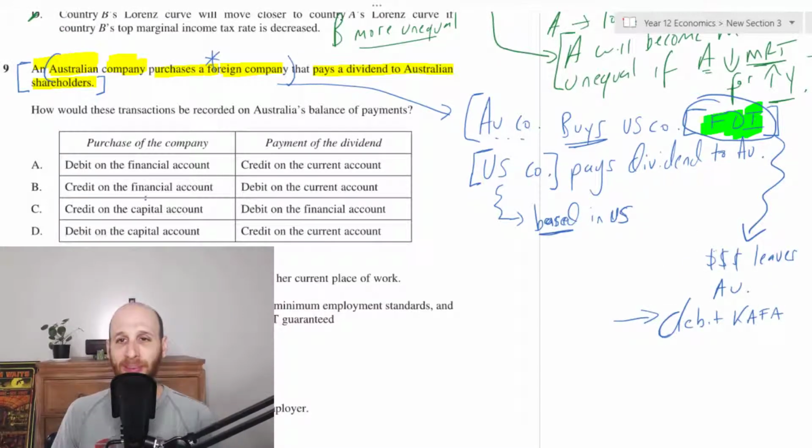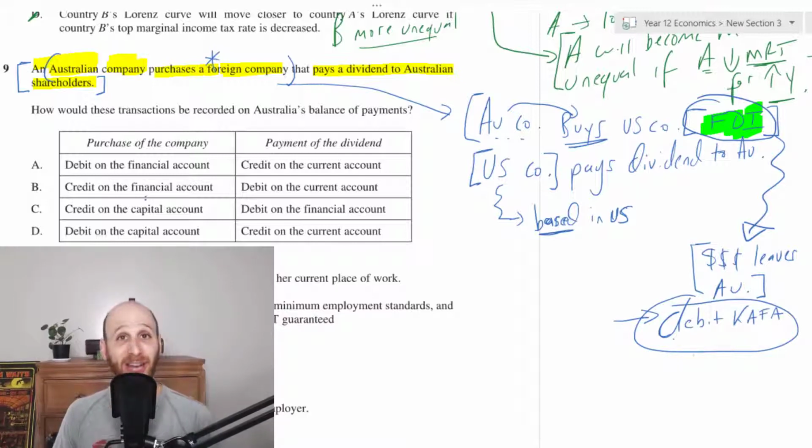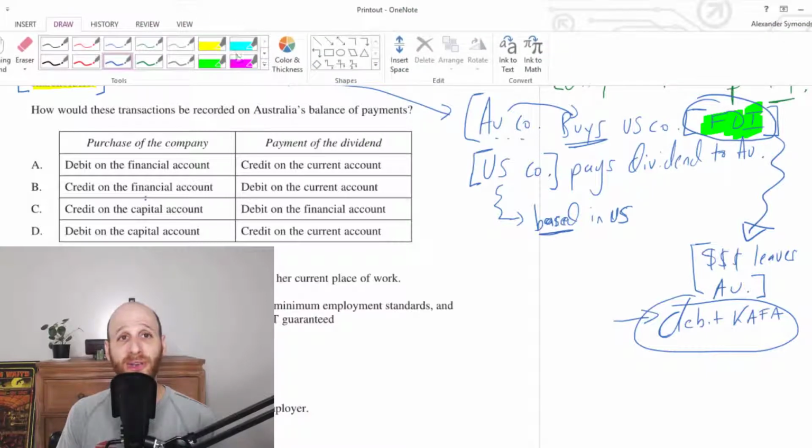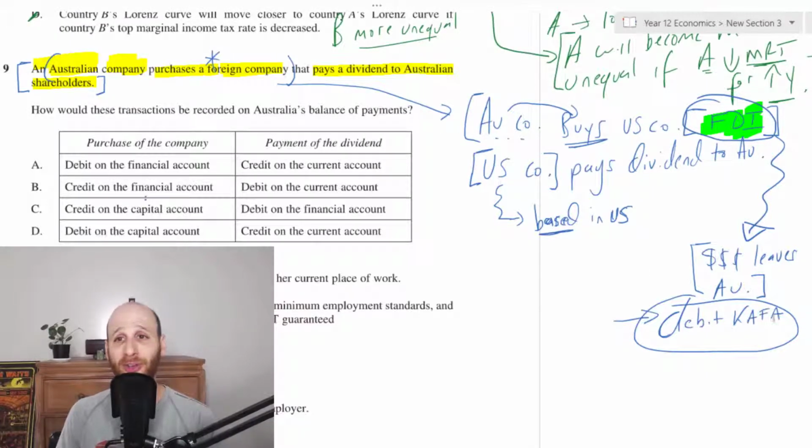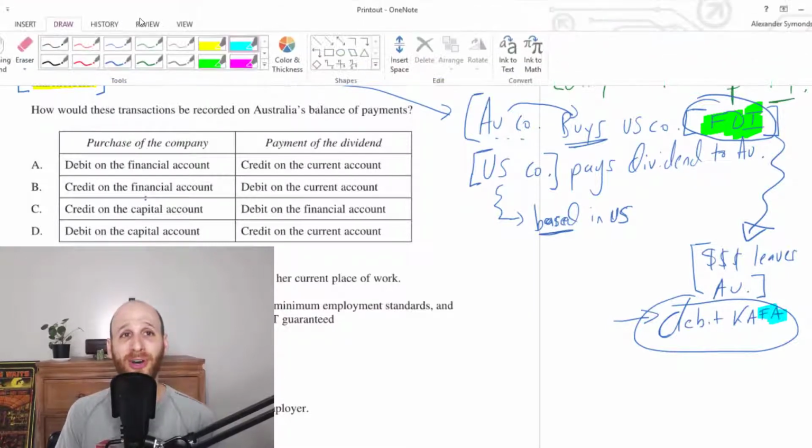So what happens here is that with foreign direct investment, the Australian company is buying the US company. So money leaves Australia, which would be a debit on the capital and financial account. In particular, we know that foreign direct investment, along with portfolio investment, sits on the financial account part of the capital and financial account.